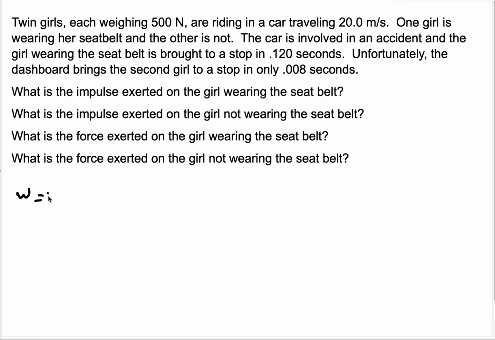Weight is equal to mass times gravity, which means that mass is equal to the weight divided by gravity. So if I want the mass, I'm going to have to take their weight, which is 500 newtons, and divide it by gravity, which is 9.8 meters per second squared. Can someone punch that in their calculator for me?